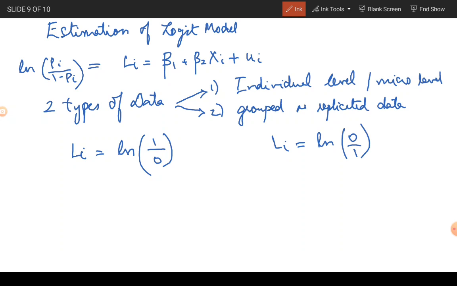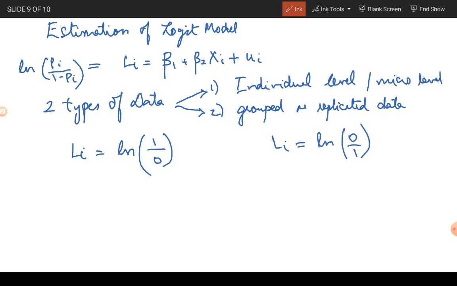So both these expressions are quite meaningless, and you cannot run the standard OLS routine if you have this type of individual level, micro level data. So in these cases, remember, you will have to use the ML, or the maximum likelihood method, to estimate the parameters.